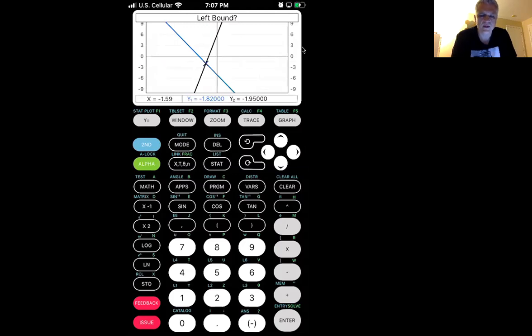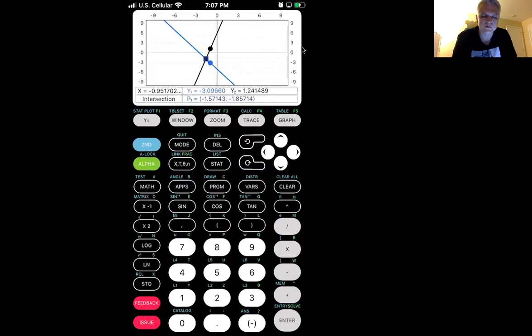Okay. Now it'll ask you, first line, second line, or left bound, right bound. So I'm going left, I hit enter. I'm going with my right arrow, hit enter. Okay, so it tells me my intersection is this point right here.